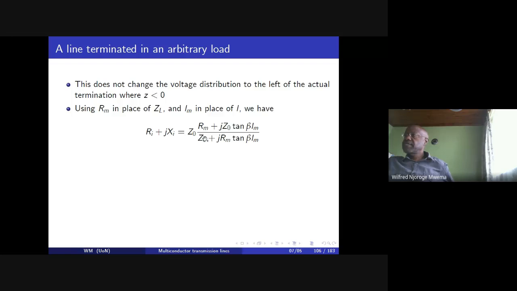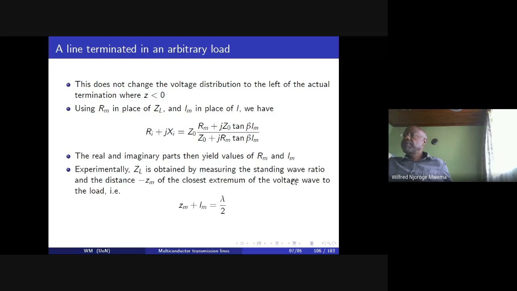For that particular case, that's equal to Z naught times (Rm plus jZ naught tangent of beta Lm) over (Z naught plus jRm tangent of beta Lm). Of course, remember that whenever you are using trigonometric functions, we are assuming that our line is lossless. So the real and imaginary parts will then yield the values for Rm and the length Lm that we have used to transform.